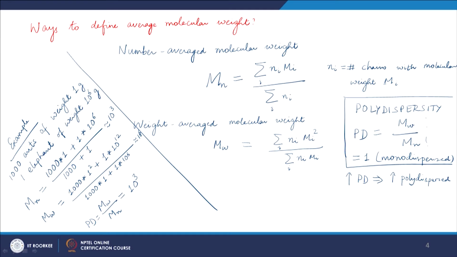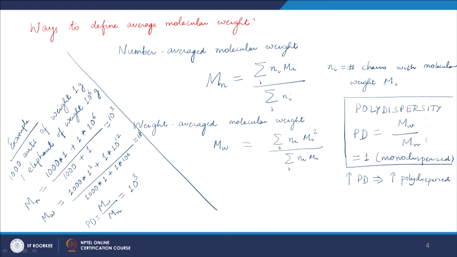Okay. So, the key point is the polydispersity becomes closer to 1 when all the species start having weights within a small range. So, this was about the ways to define the average molecular weight and polydispersity.